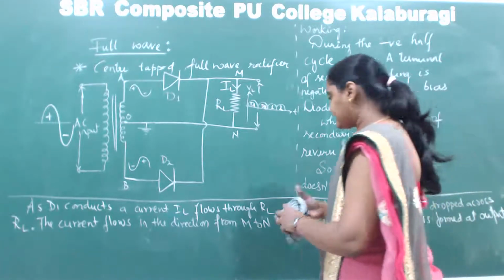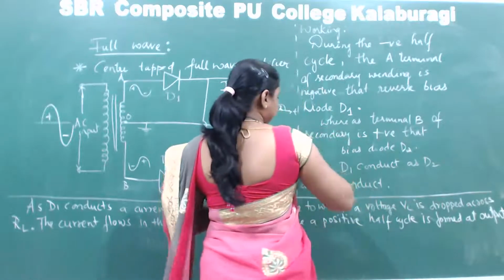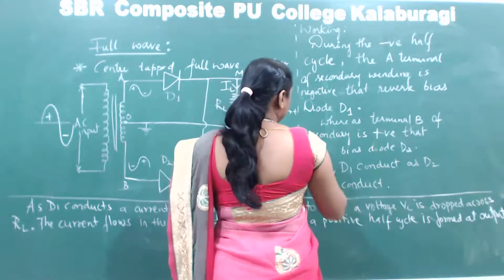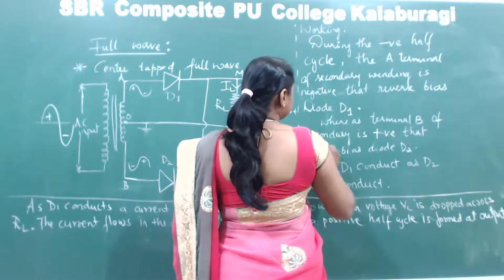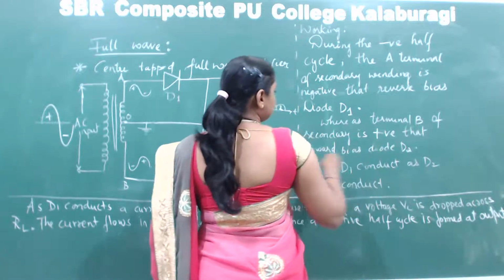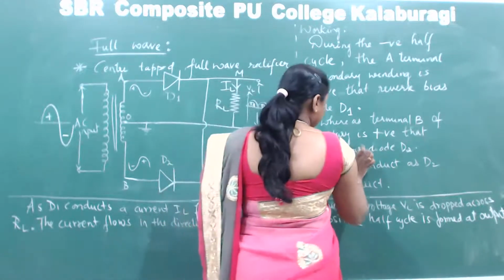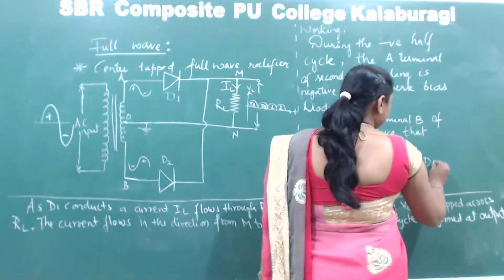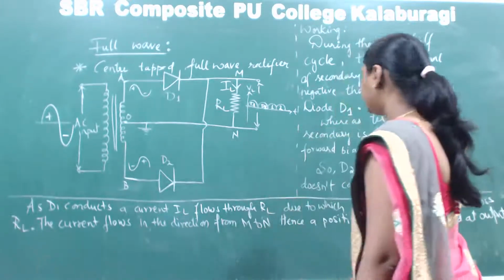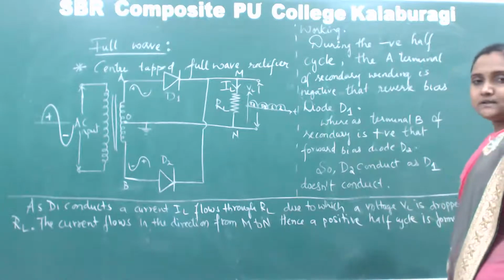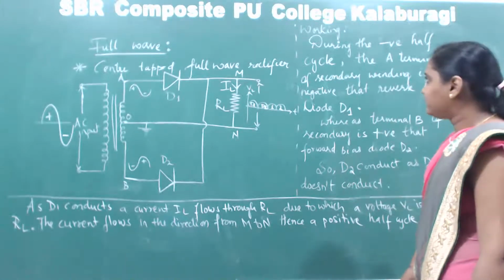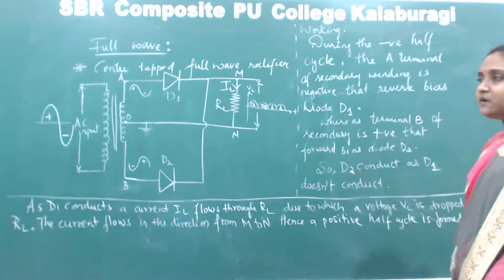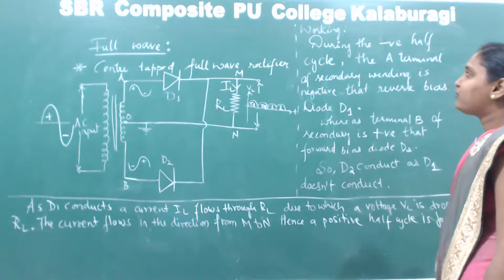That forward biases diode D2. So D2 conducts whereas D1 does not conduct. Clear? So by little modifications in the sentence, we have converted this into the working for the negative cycle.